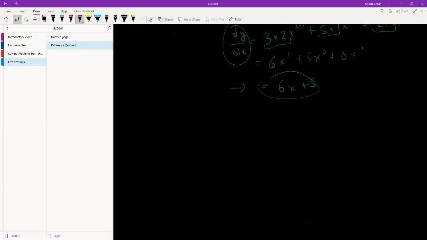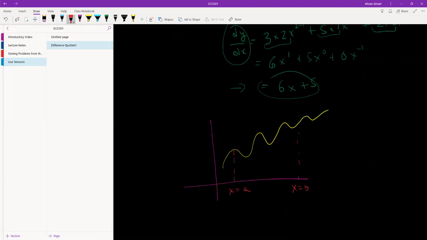Okay? So for the last time, let's do this again. We have a curve like this. And what we are interested in is finding the difference between these 2 years, XA and XB.